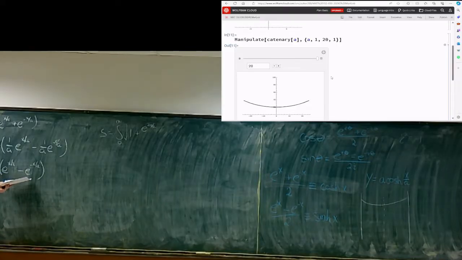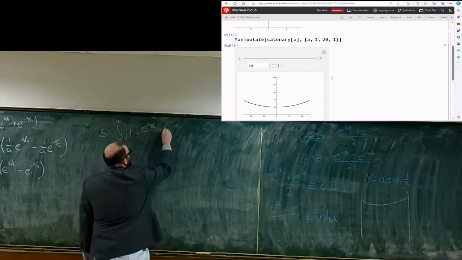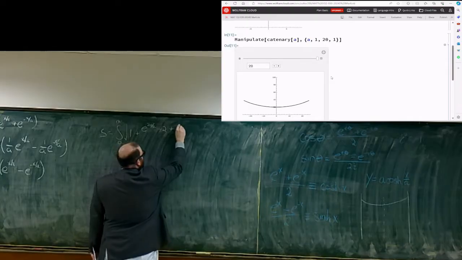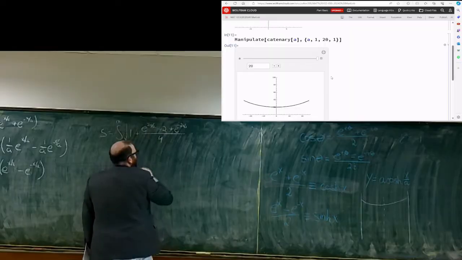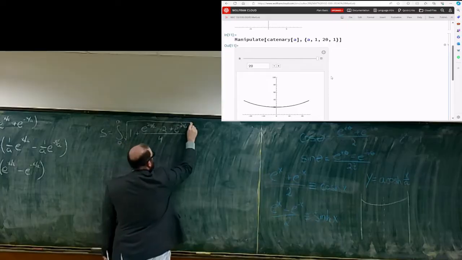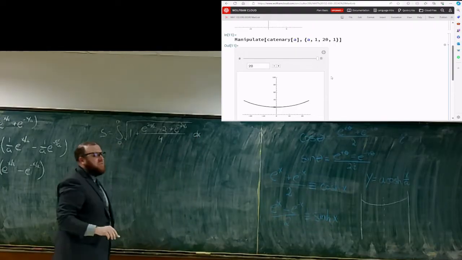What's e to the x over a times e to the minus x over a? Is it 0? Or 1, I mean. It's 1, e to the 0. Yeah, e to the power of 0. So we want to double that, so that becomes minus 2. Then e to the minus x over a squared would just be e to the minus 2x over a. And then all over 2 squared, 4, dx.